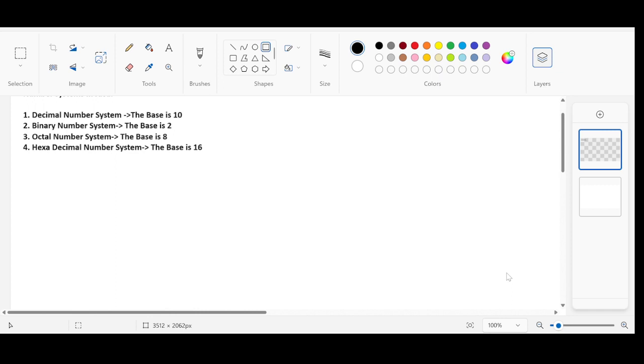Okay. See, understanding the binary number system is very important. We might have understood it mathematically, but the significance of understanding the binary number system dates back to the beginning of computer evolution. We humans can understand the decimal number system.